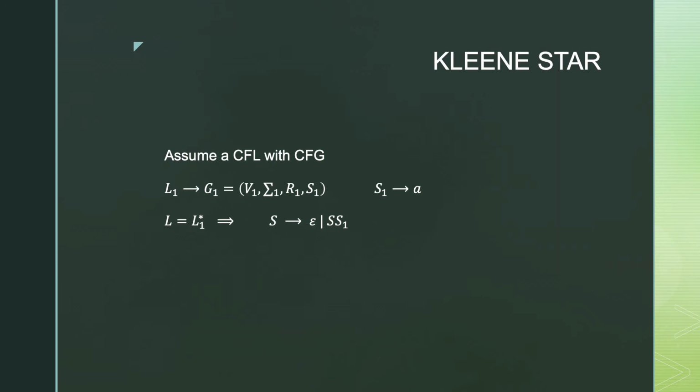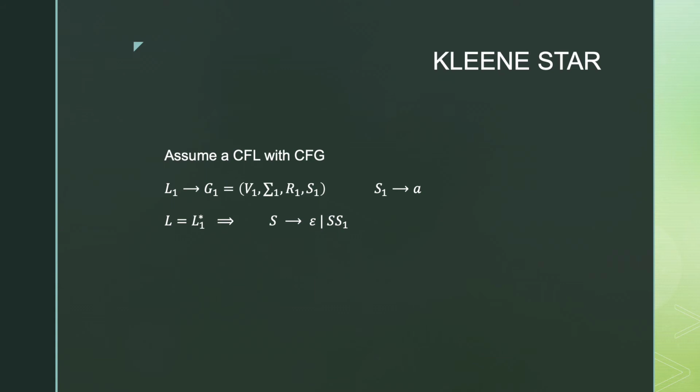Kleene star is nothing but an operation on any symbol which either produces an epsilon or any number of times the same symbol produced one after the other. So we have defined the new production rule S produces epsilon first, or S and an S1.